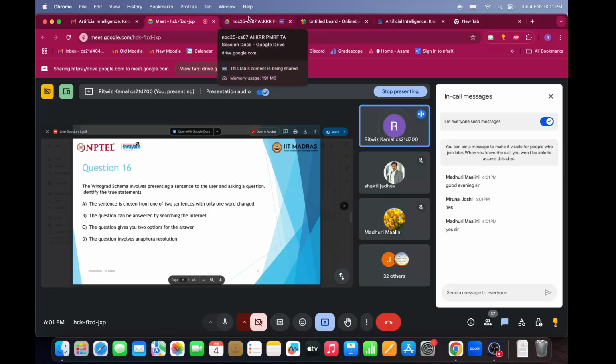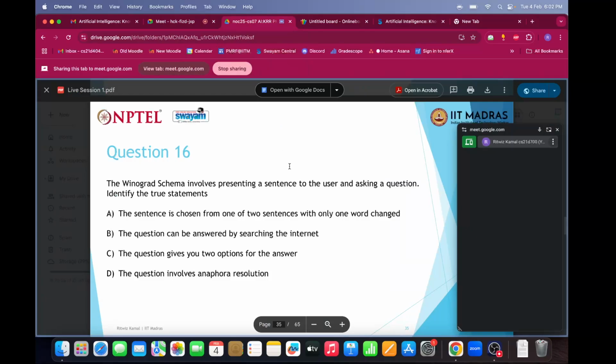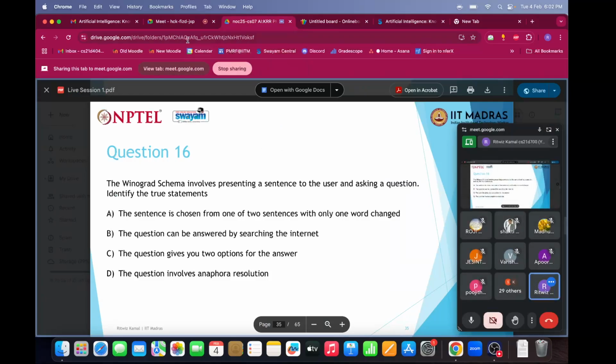Question 16 says that the Winograd schema involves presenting a sentence to the user and asking a question. Identify the true statements that are relevant in case of Winograd schema. Which of these options do you think would be applicable or correct in this context?